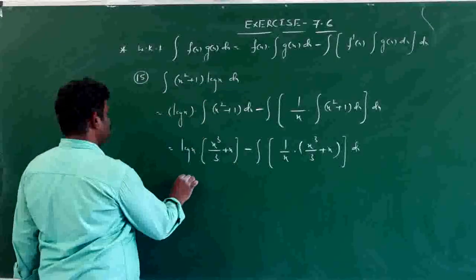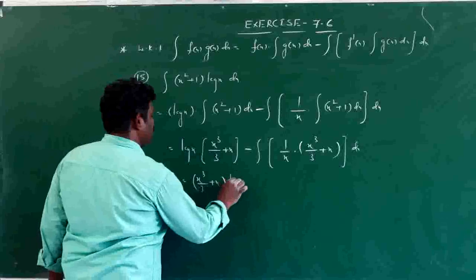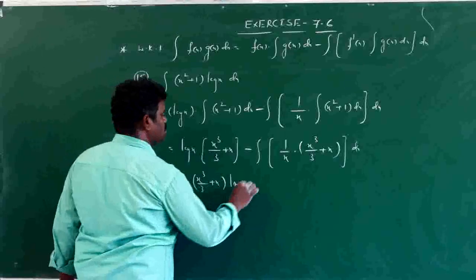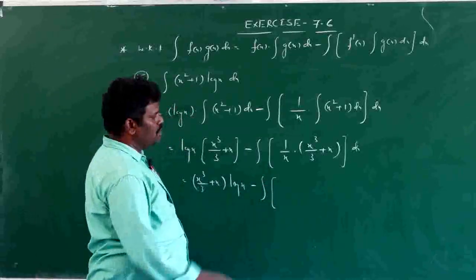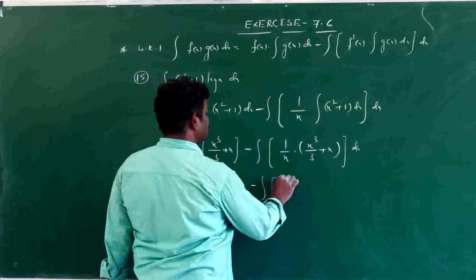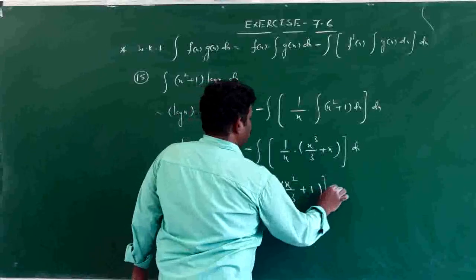Then that is equal to (x cube by 3 plus x) into log x minus integral of, here x cube plus x, if x is taken common and cancelled, x square by 3 plus 1 into dx.